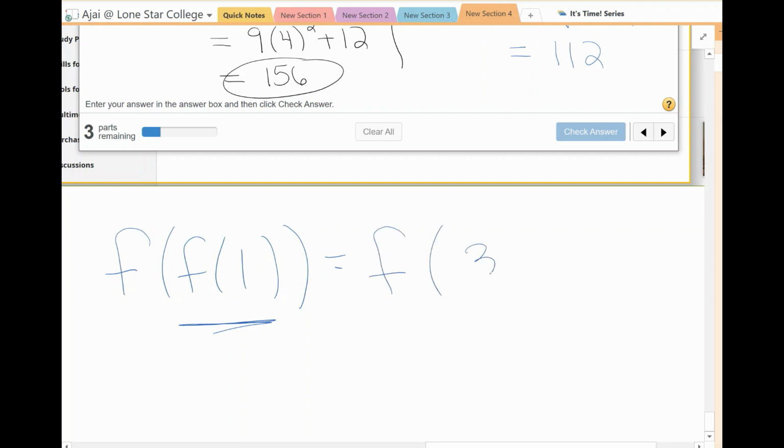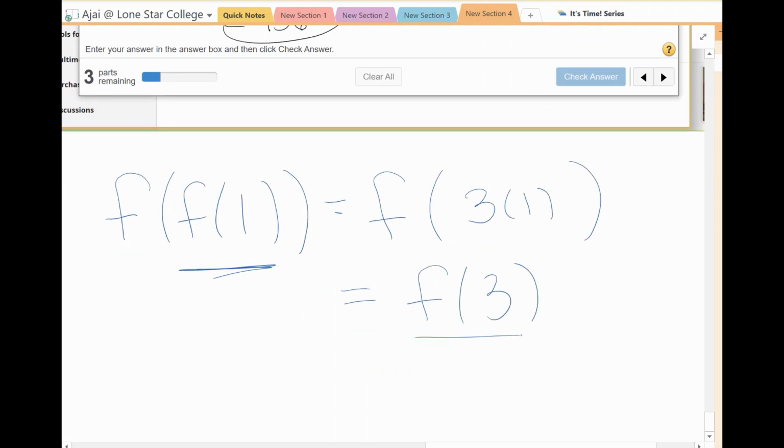So that will be 3 times 1, because the f function is 3x. So 3 times 1 is 3. Now this part is saying go to the f function and put 3 wherever you see x. So that will be 3 times 3. The answer is 9.